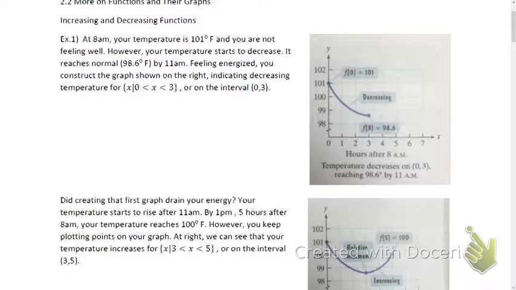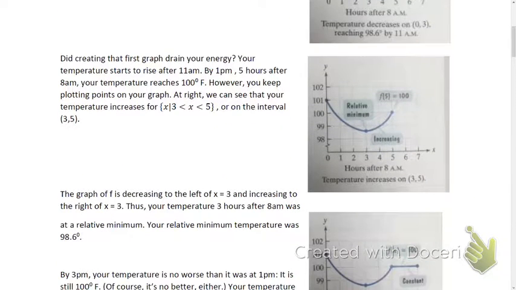If we look at the second graph, it starts to rise. They describe it as maybe this person is exhausted and they are sick, so their temperature starts to rise at 3 hours, which is 11 o'clock, and it keeps rising until 1 o'clock, 5 hours after 8. So on this purple section right here, it is increasing.